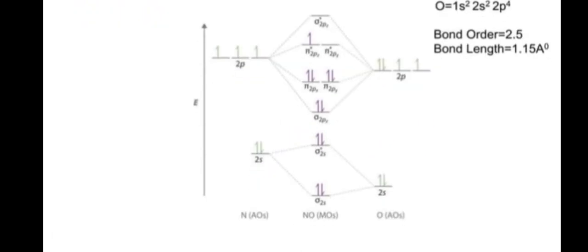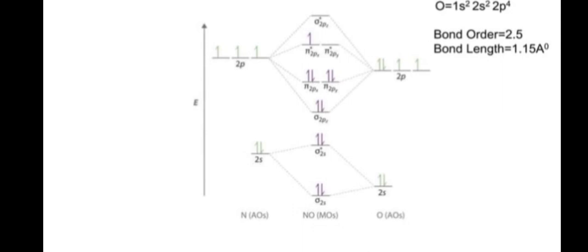Okay, so because of this combining of 1s atomic orbitals of nitrogen and oxygen, there will be formation of molecular orbitals sigma 1s and sigma star 1s with a pair of electrons, and next we will be moving on to the 2s and 2p orbitals.